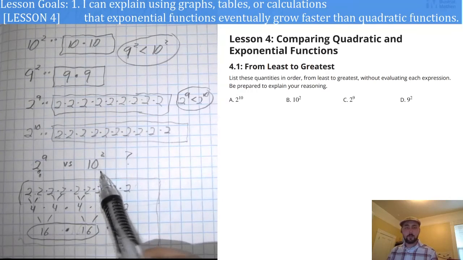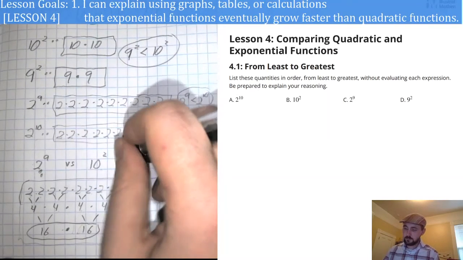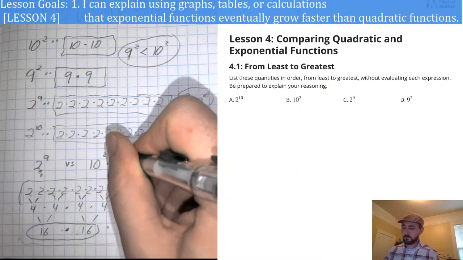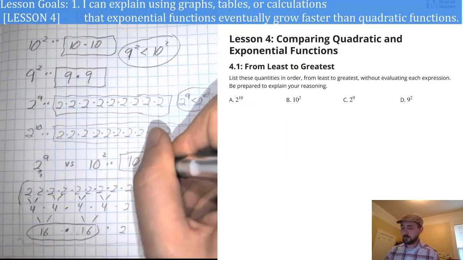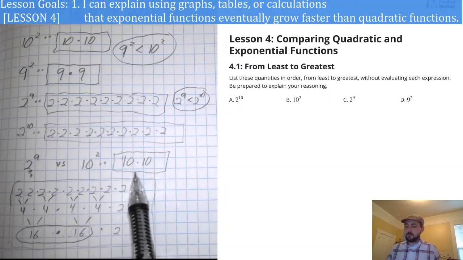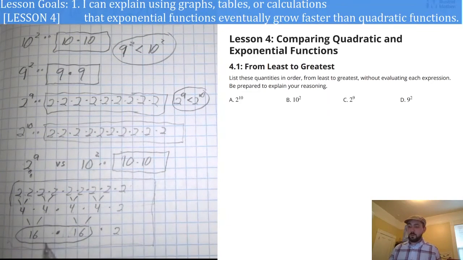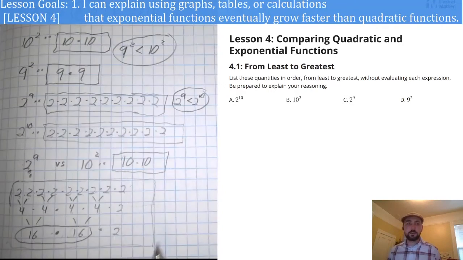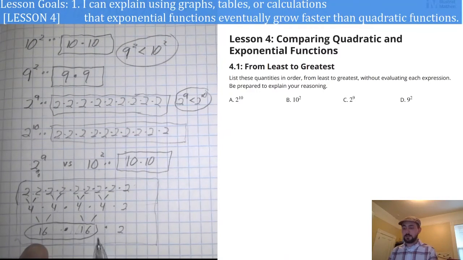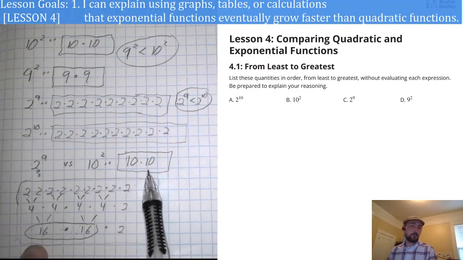But remember, 10 squared is just 2 copies of 10. So which one's going to be bigger? 2 copies of 10? Or 2 copies of 16 with also an extra copy of 2? Well, 16 is bigger than 10. So 16 times 16 is going to be more than 10 times 10.